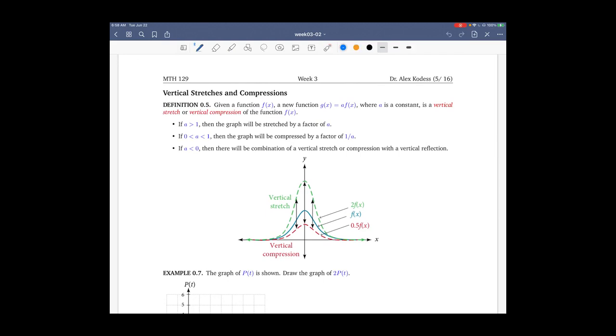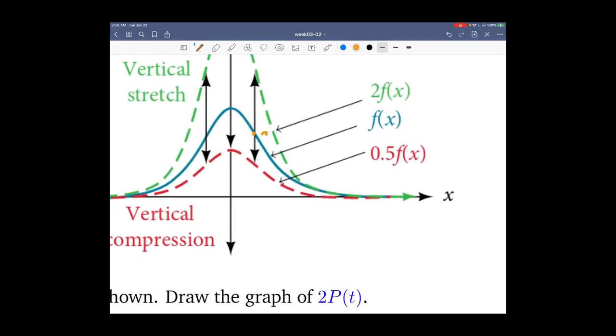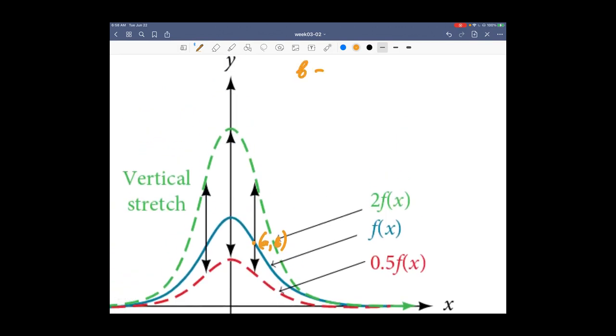So this here in blue is the graph of f. And when you put a 2 in front of f, you vertically stretch the graph of f. For example, if we have point a comma b on the graph of f, meaning b equals f of a, the point a comma twice b will be on the graph of g, because twice b equals g of a.